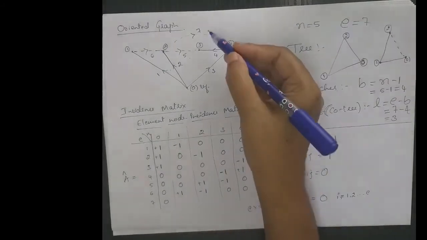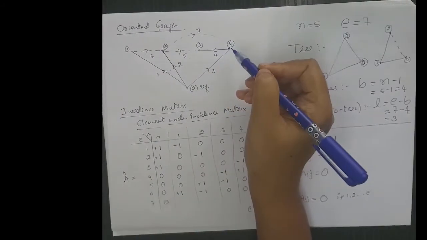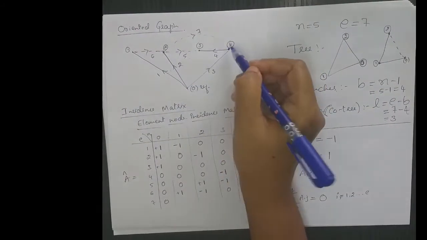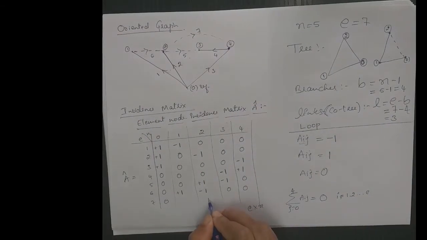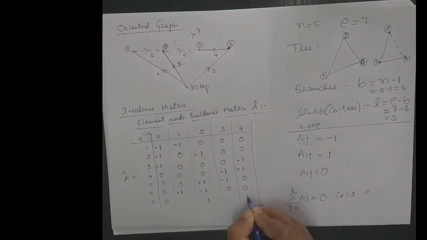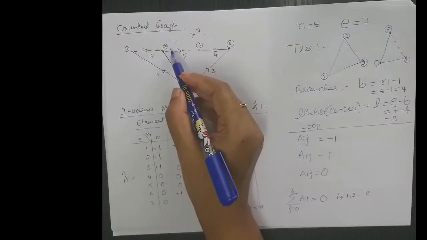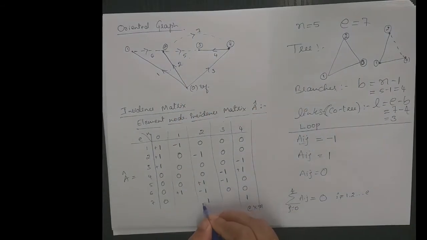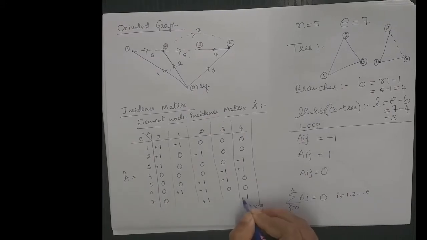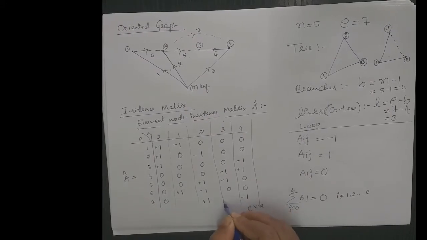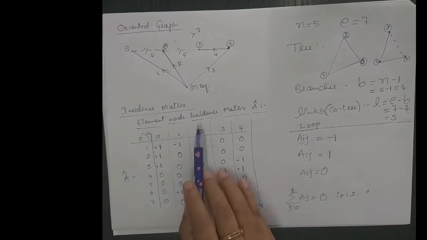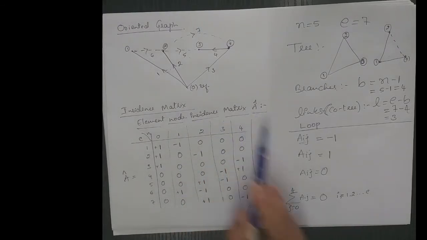And the seventh element, which is connected between 2 and 4: it is away from 2, so it should be +1, and towards 4, it should be -1. This is the element node incidence matrix A cap.